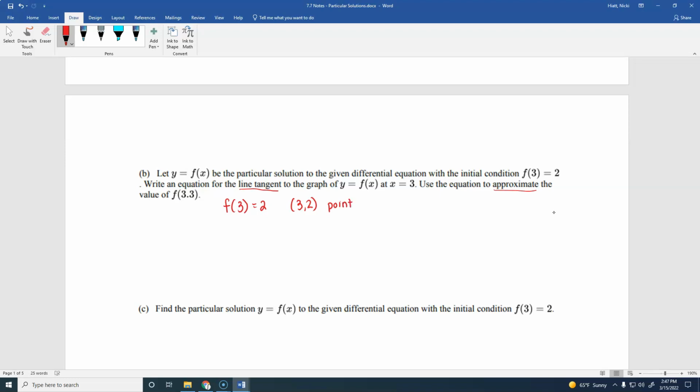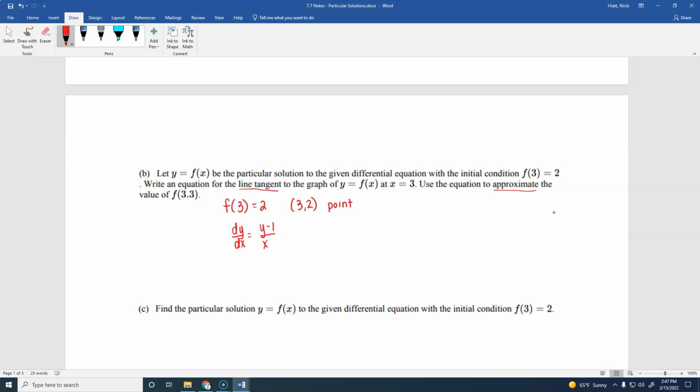How do we find the derivative? What is the derivative? Very good. dy dx is your derivative, y minus 1 over x.